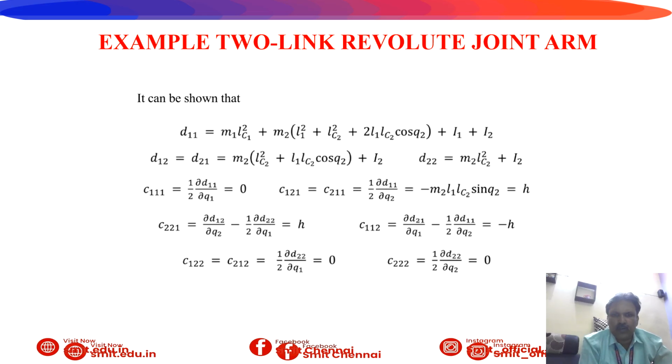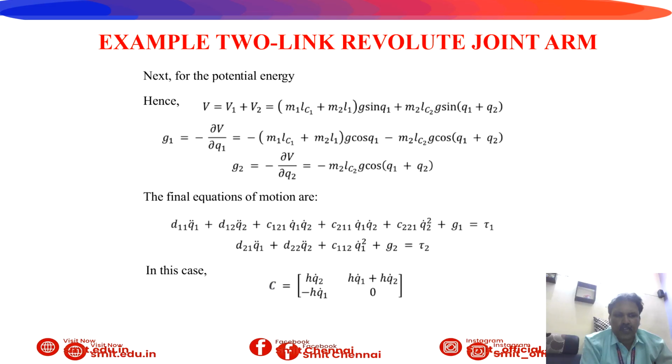Then C121 equal to C211, which is equal to half dou D11 by dou Q2, which is equal to minus M2 L1 LC2 sin Q2 equal to H. The same thing again we can write C221, which is equal to dou D12 by dou Q2 minus half dou D22 by dou Q1, which is given by H. Again C112, which is equal to dou D21 by dou Q1 minus half dou D11 by dou Q2, is equal to minus H. Then again we are having the expression half dou D22 divided by dou Q1 equal to 0, and the same thing half dou D22 by dou Q2, which is also equal to 0.